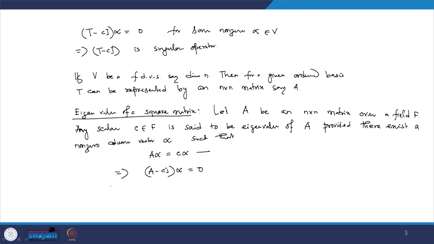Since there exists non-zero alpha such that (A minus CI) alpha equals 0, A minus CI is not invertible. So, this implies that the determinant of A minus CI equals 0.